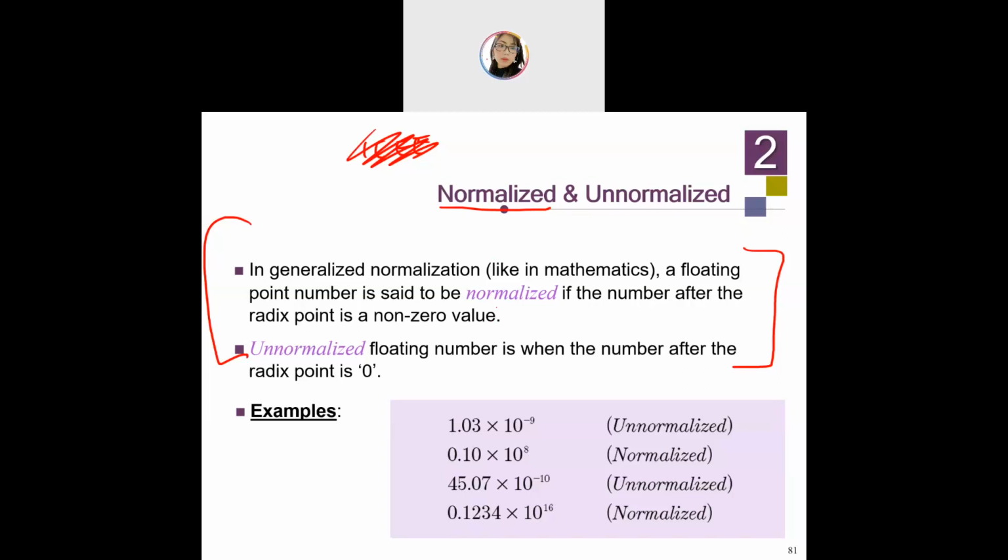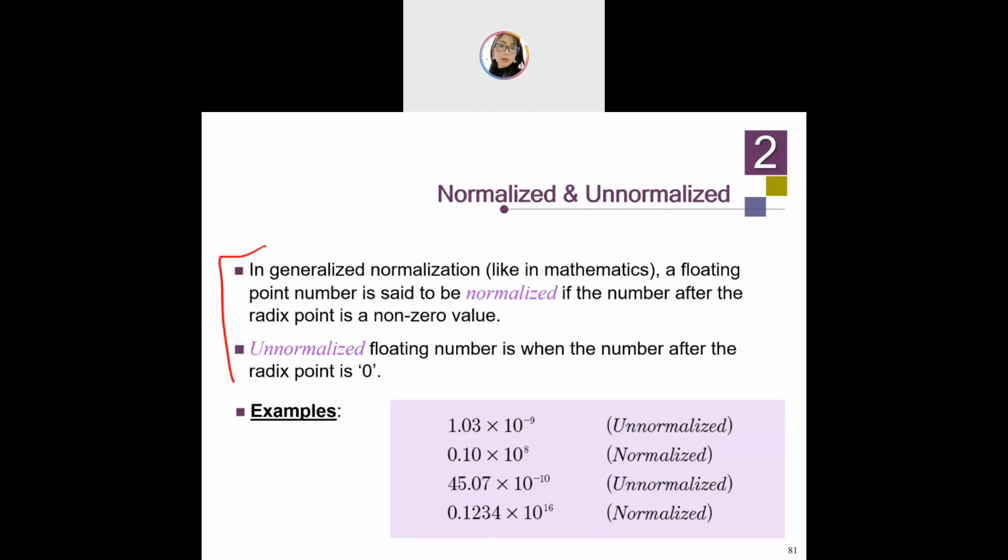What you need to do is to normalize it, you need to have 0 in front, and after the radix point, it will be non-zero. But later on in IEEE, it will be different. You need to have a value in front. You will see later that it is different, but stick it in your mind first.